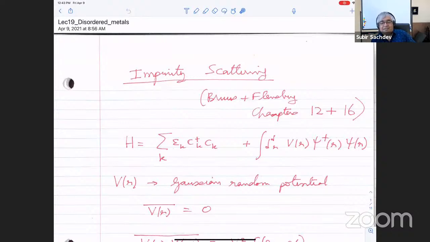When you do that for a dilute collection of impurities, you reproduce the Drude formula. And the Drude formula is essentially classical physics. It's got nothing to do with quantum interference. It's just particles undergoing random walks, and you just average over them.